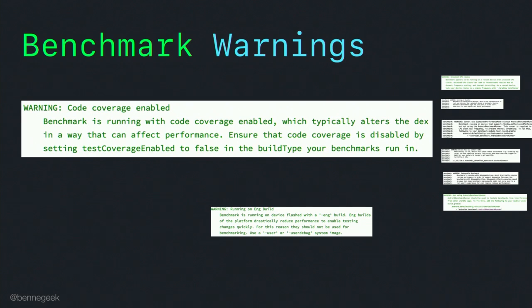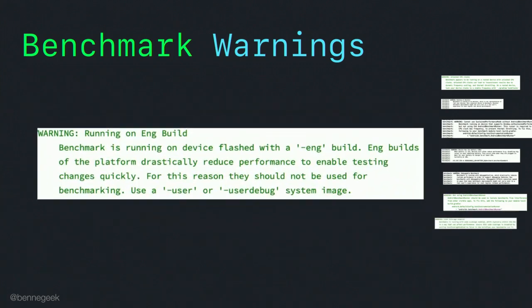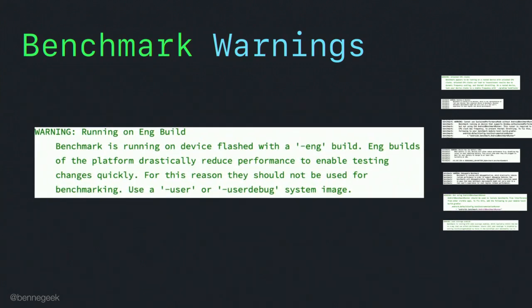And this is not probably relevant anymore because it's already disabling code coverage by default in the newer versions. And this, I just found it on their code. This is saying like if you are using engineering build on your device, don't run the benchmarks there because it has a lot of customizations and you don't want to measure or use this as a reference.